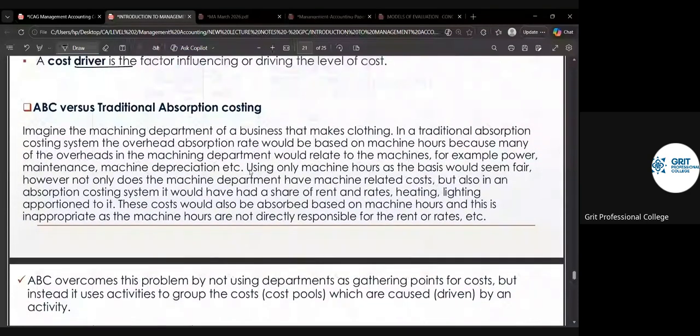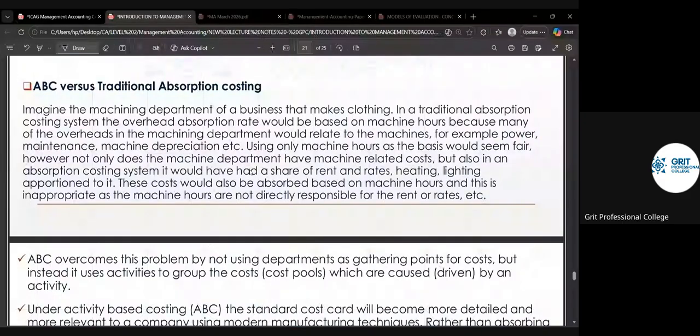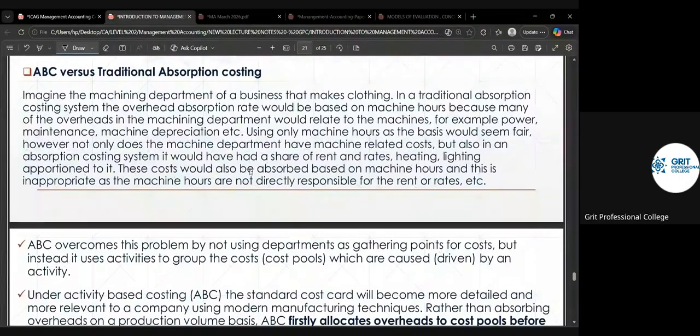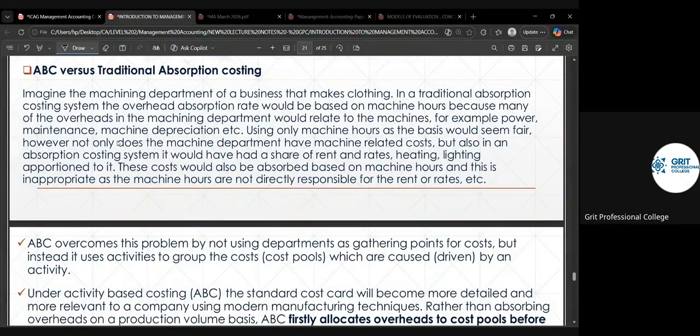Now, how does ABC compare to absorption costing? So let me read this out so that you see the fundamental problem as to why ABC is a superior costing approach to the traditional absorption costing system. So imagine your company is a manufacturing company, right? And in there you have a machining department.